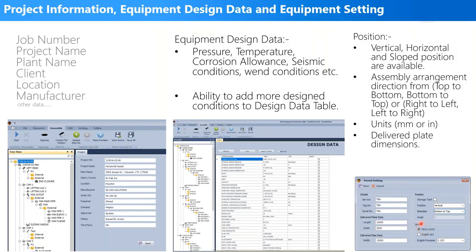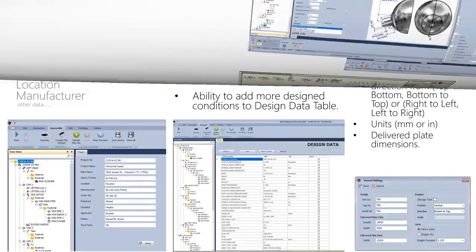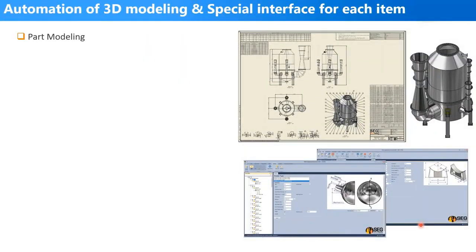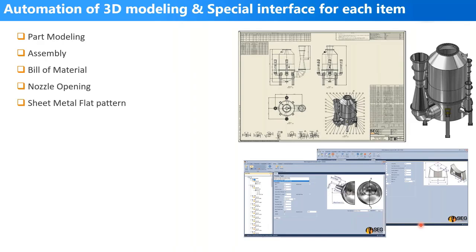You have the ability to define the units that you will use in your model, in millimeters or in inches. And by using SEG software, you can create all parts and assemblies automatically, and you will get your complete bill of material for your equipment.